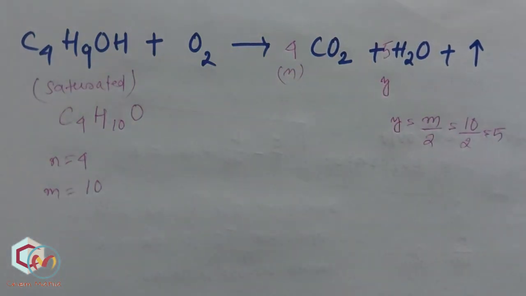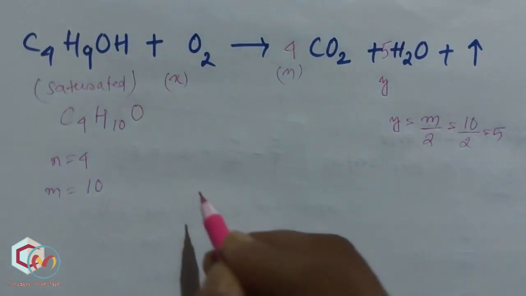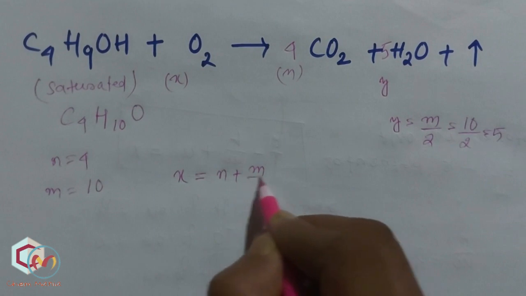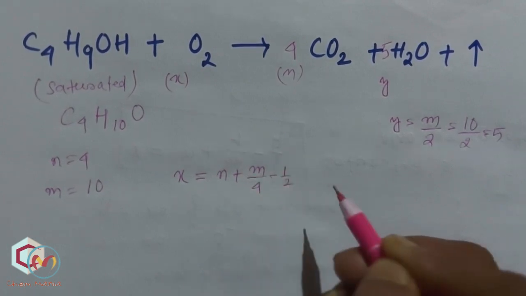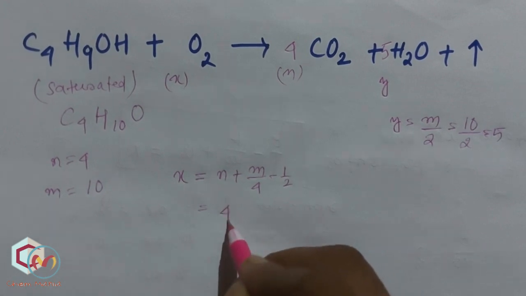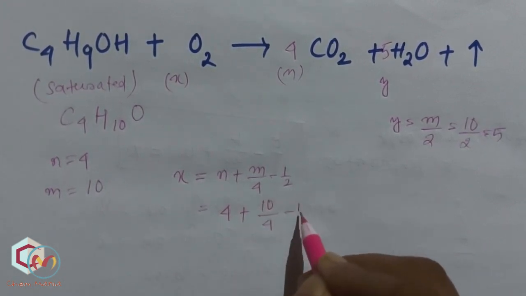Now we will balance this oxygen, that is X. So what is X? X is equal to N plus m by 4 minus 1 by 2. Here N is equal to 4 plus m is equal to 10 divided by 4 minus 1 by 2.